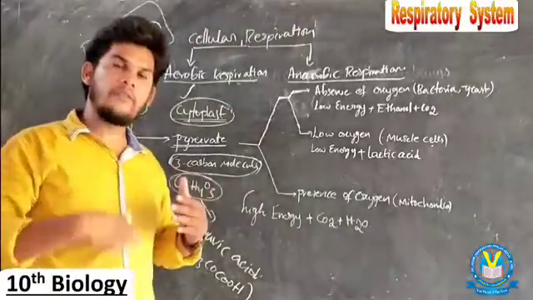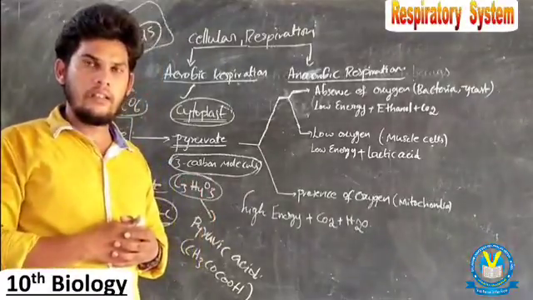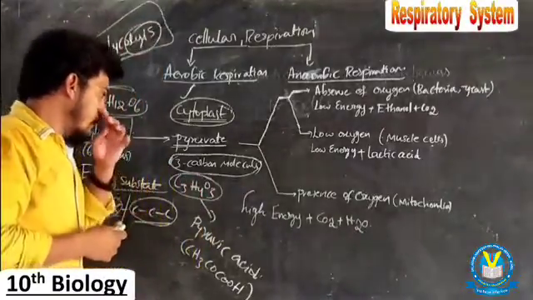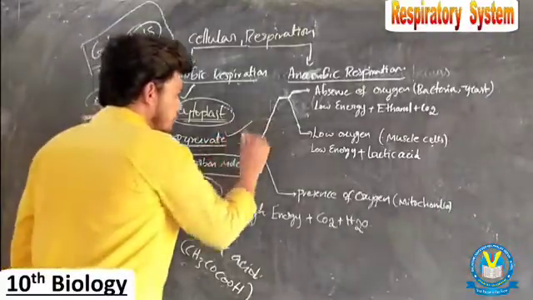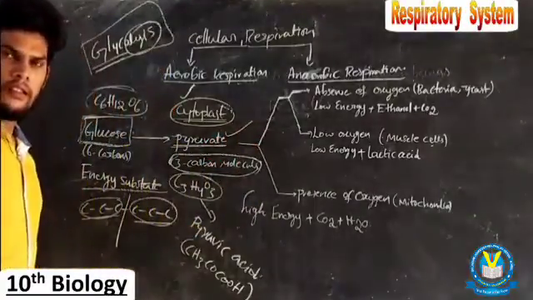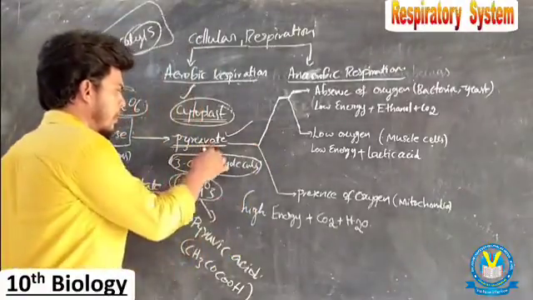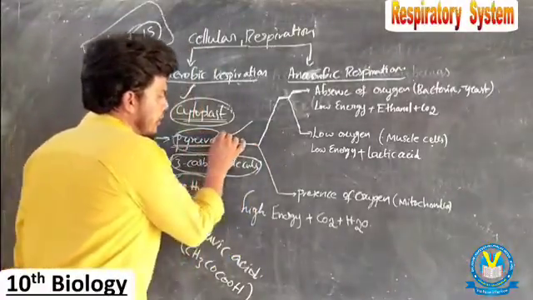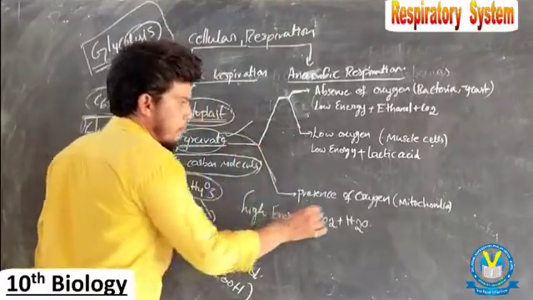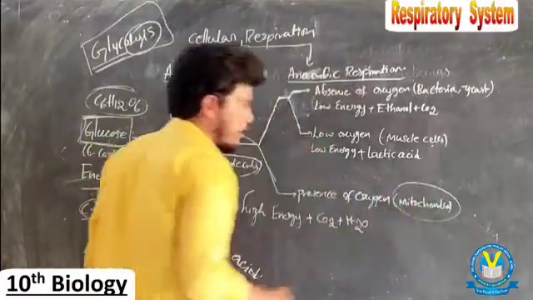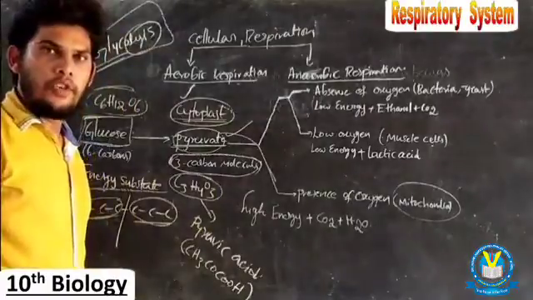Now what will happen after formation of the pyruvate? After its formation, this pyruvate will be carried into the mitochondria of eukaryotic cells.